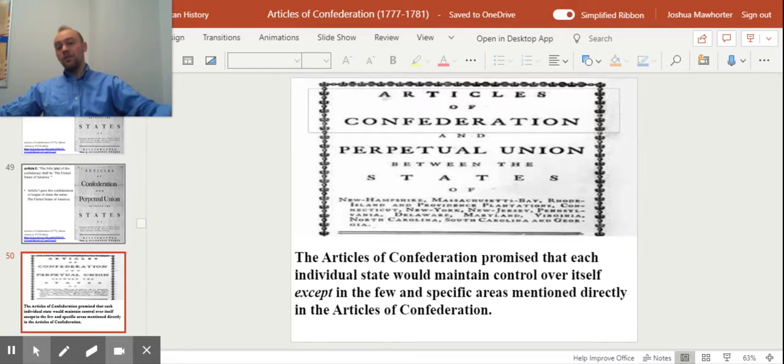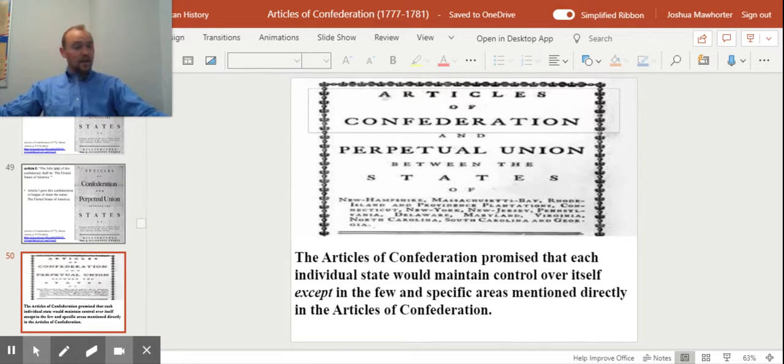They were choosing whether or not to ratify the articles. They were choosing whether or not to accept them. It was signing a voluntary compact, in a sense. It was voting to participate in a league based on the state government.